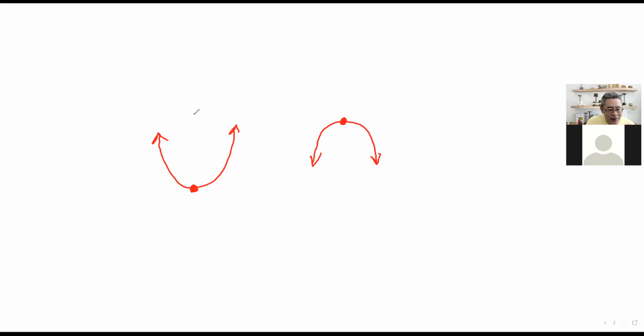What's special about the quadratic function is that if you put a vertical line through the vertex point, this side and that side are mirror images. They are perfectly symmetrical around this line. This line is called the axis of symmetry.